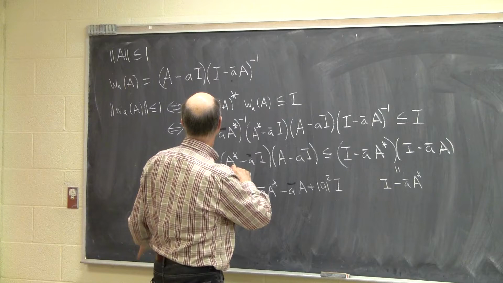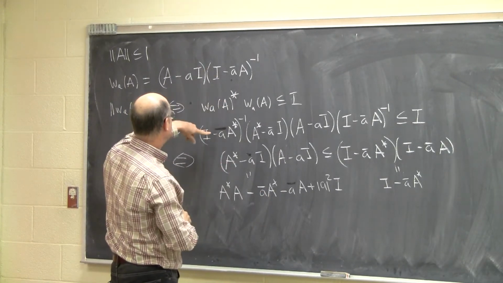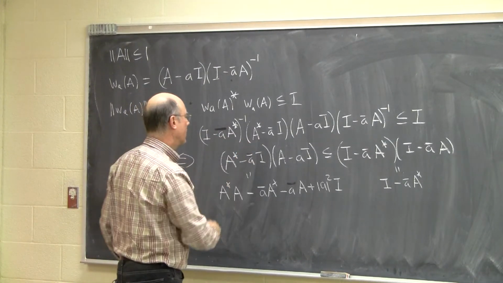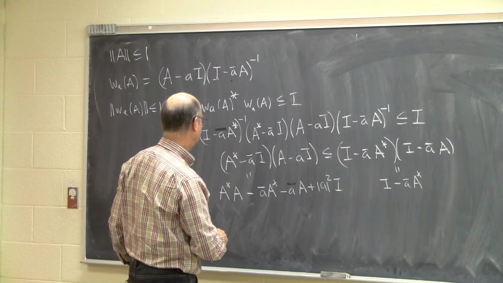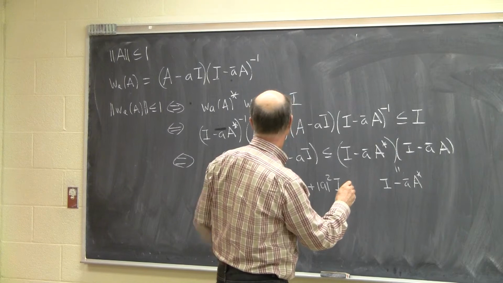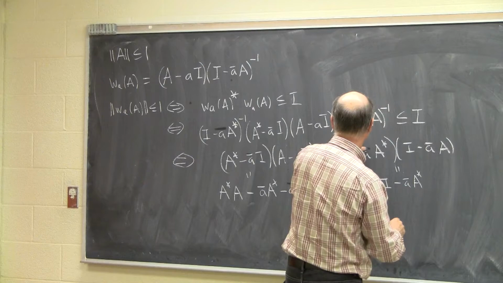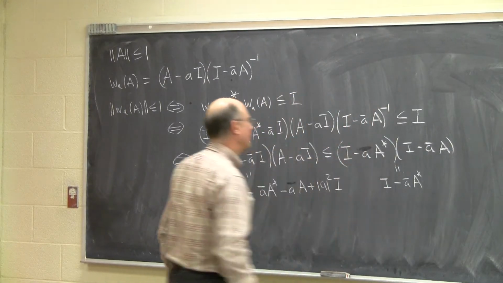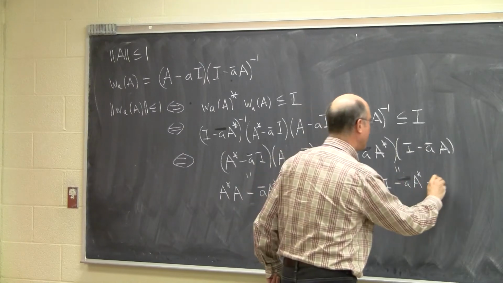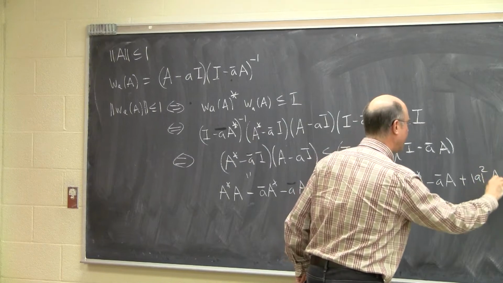Did I do it right? Okay, sorry. So it's identity minus a A star minus a bar A plus absolute value of a squared A star A.